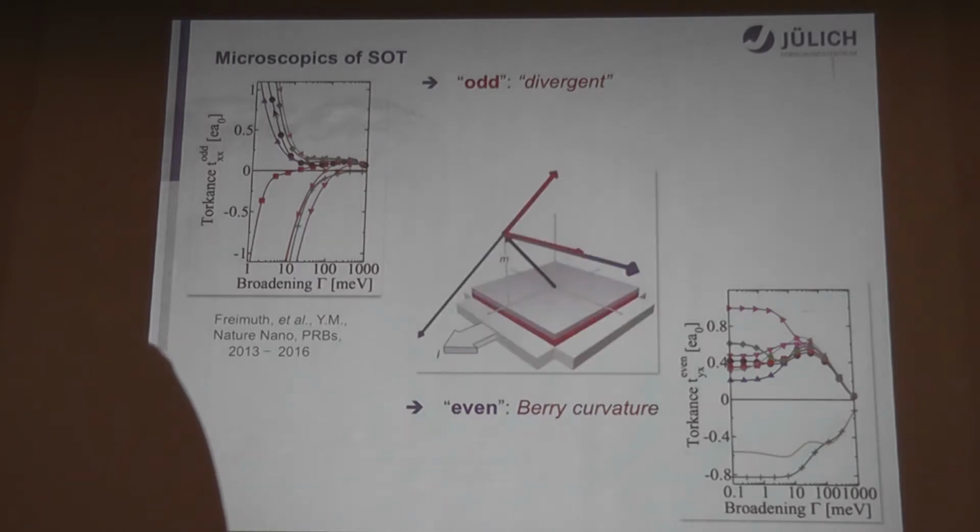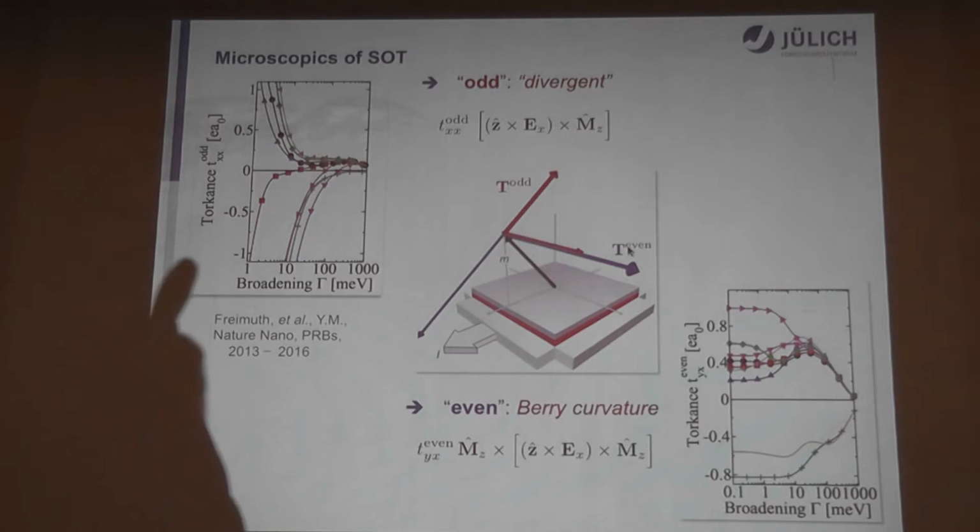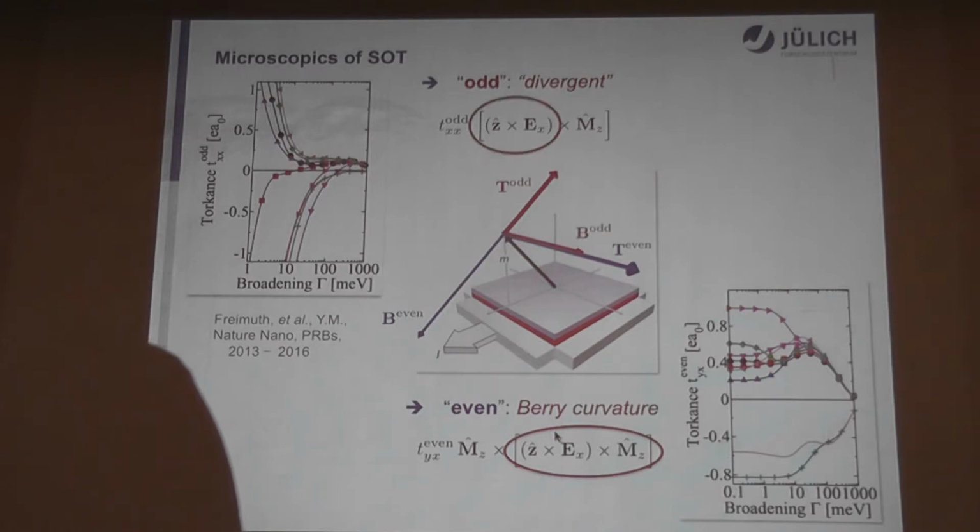What is important is that these two types of torques are not only different in their disorder dependence, but if we take this typical system, magnetization here, electric current here, they also differ in the geometrical way that they act on the magnetization. The even torque is perpendicular to the plane of the current and magnetization, while the odd torque lies in it. The same applies to effective fields which we can define to act on the magnetization in such a situation, and they also behave differently. Now, this is of course very nice.